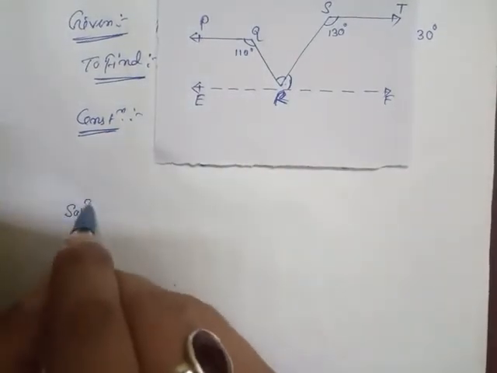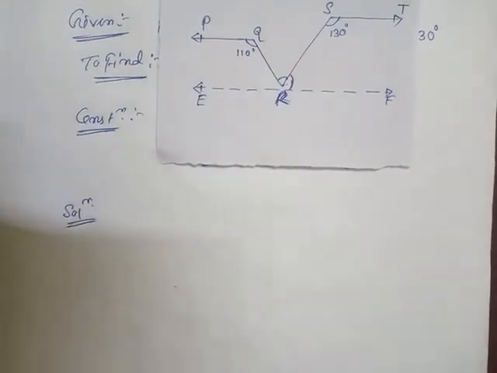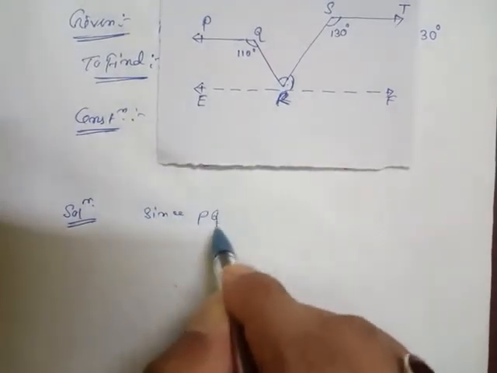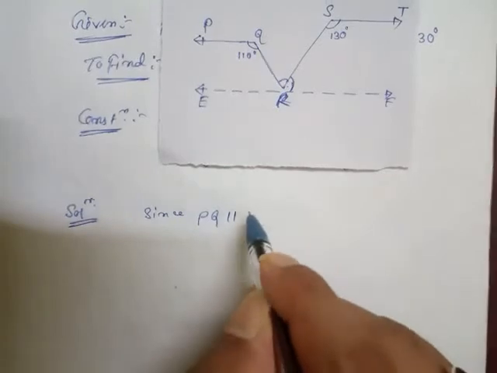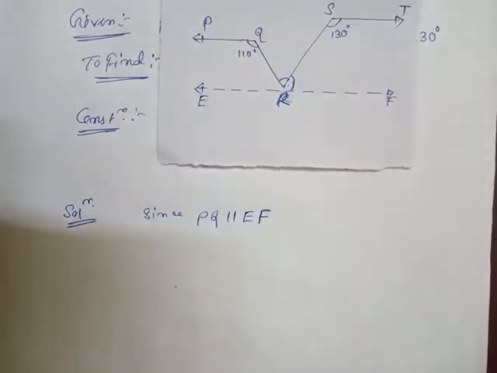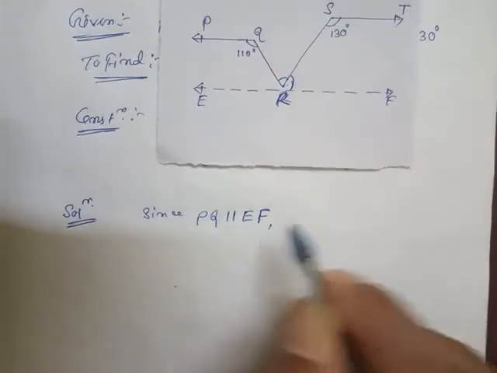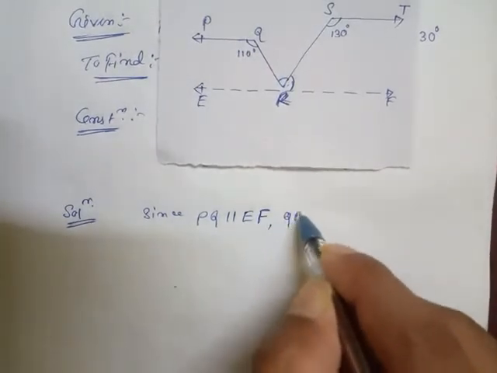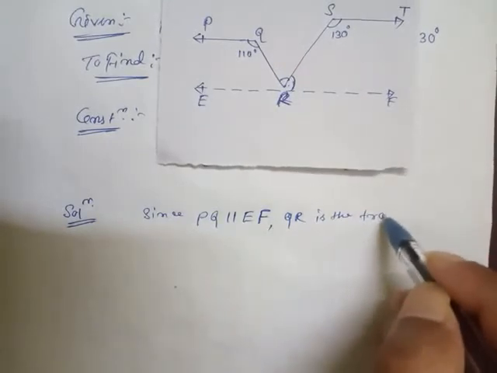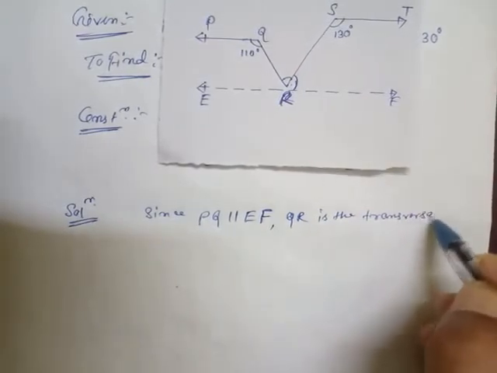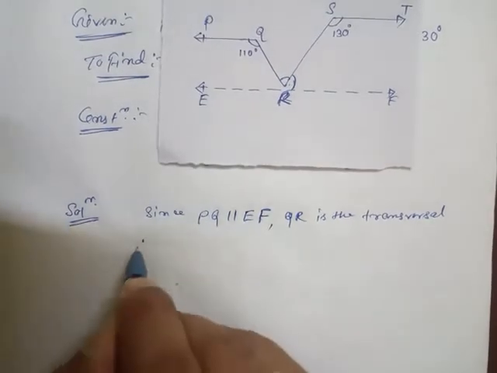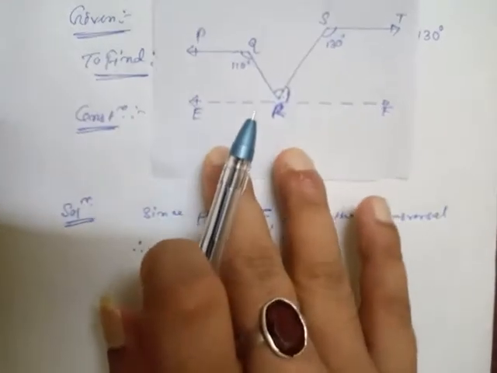Solution. We'll write down here, since PQ parallel to EF, and QR is the transversal, therefore, look into the diagram, student.